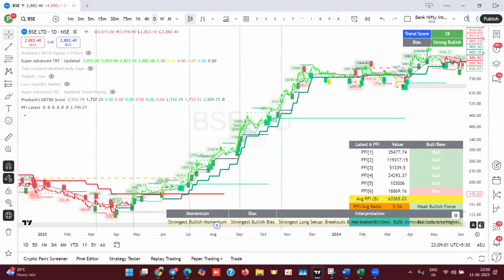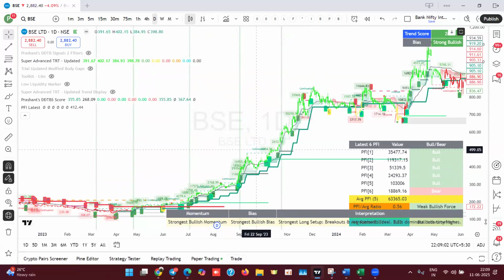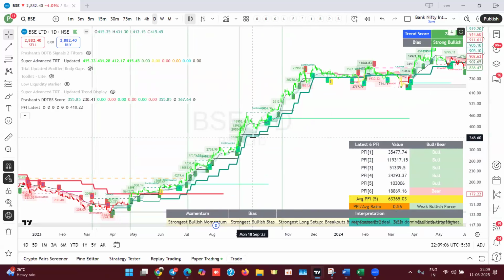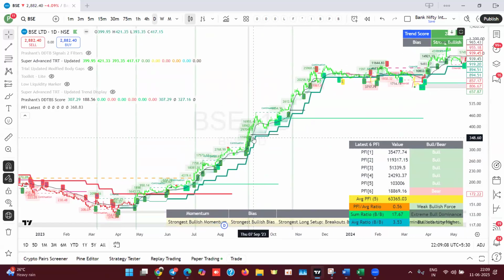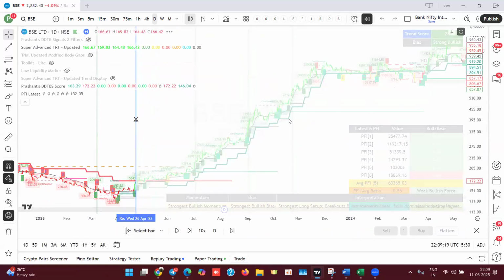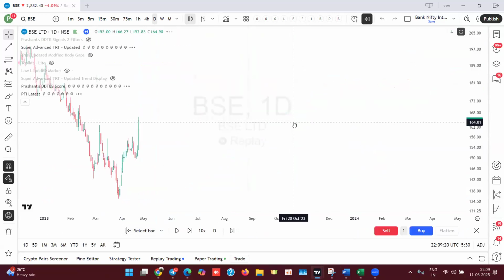If you check this chart, sir, in this chart, when this line ends, the thick red line ends, it takes quite a long time to end. But we don't have to wait for that. See, I will show you what the interpretation is. We'll check.